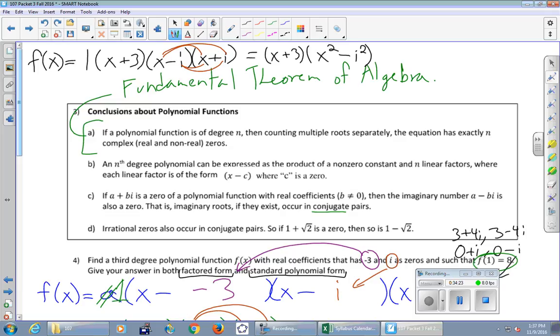There we go. And again, i squared is -1, so this really becomes plus 1 there. And just like that, the i's all magically vanish, which is kind of nice.